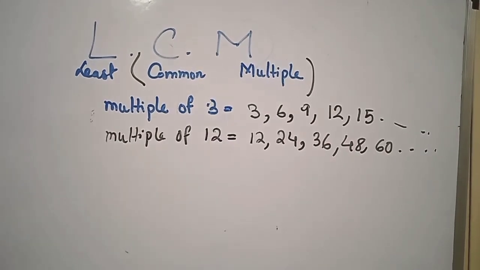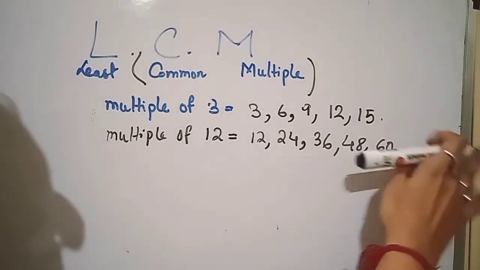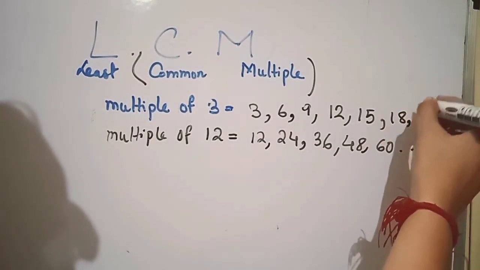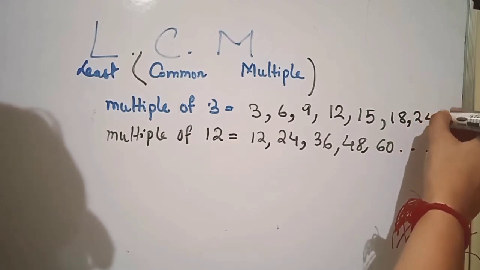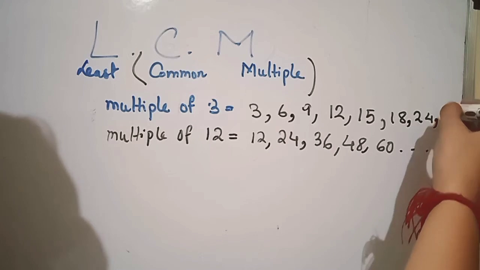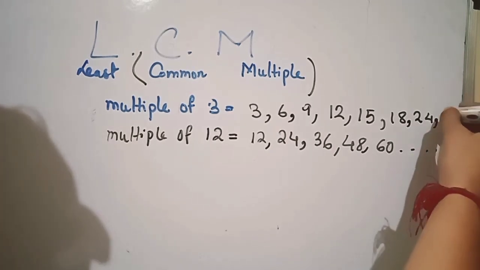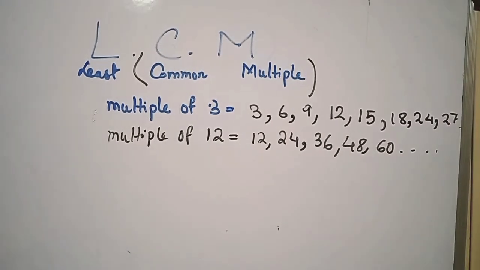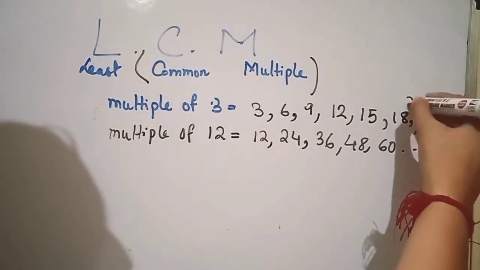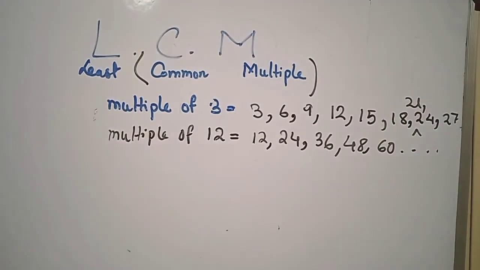Now to compare for common multiples, I am expanding the series of 3: 15, then 18, then 21, then 24, next 27, and so on.